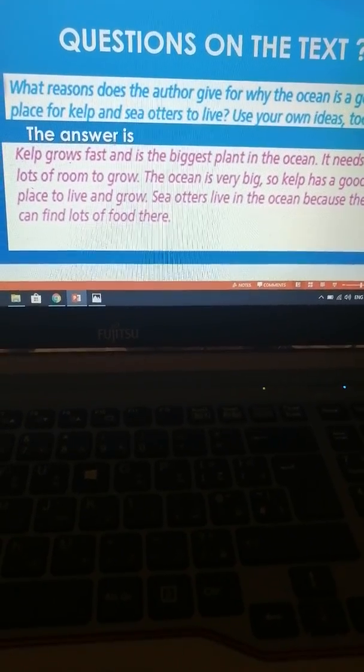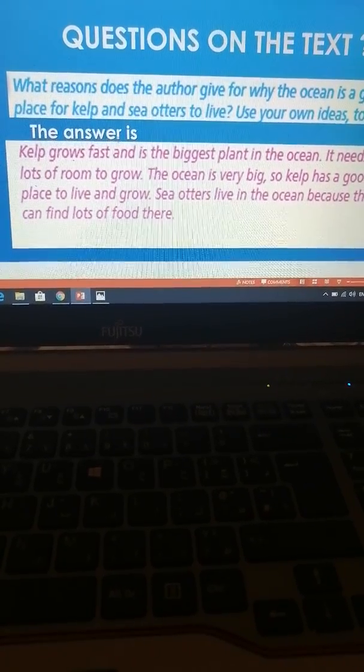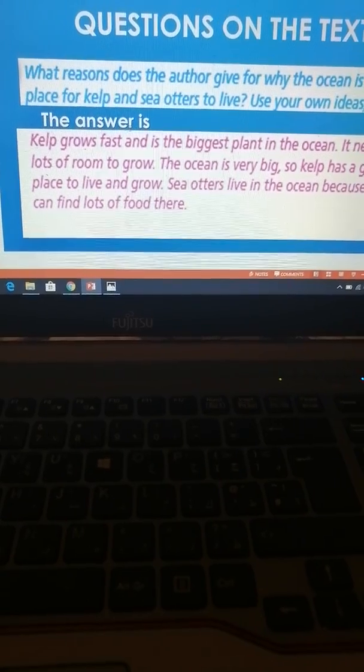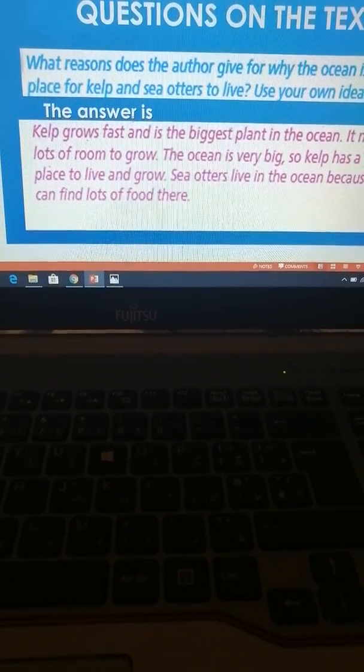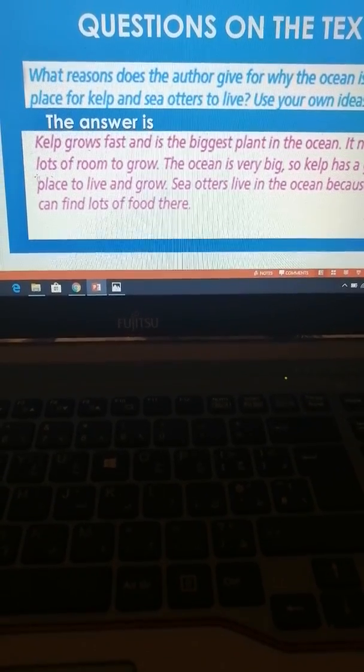The sea otters take the ocean as a good home also because sea otters can find a lot of food inside the ocean. Lots of food there. Now you understand?